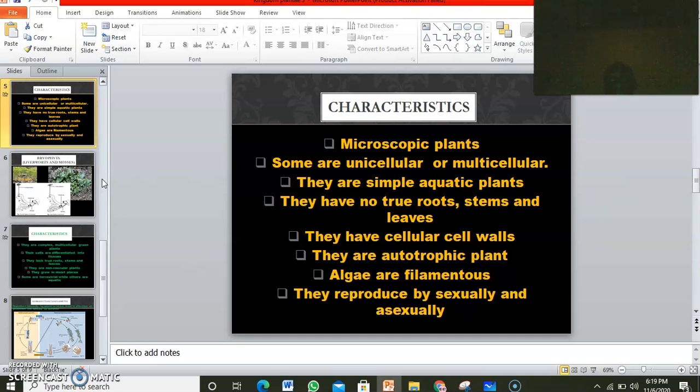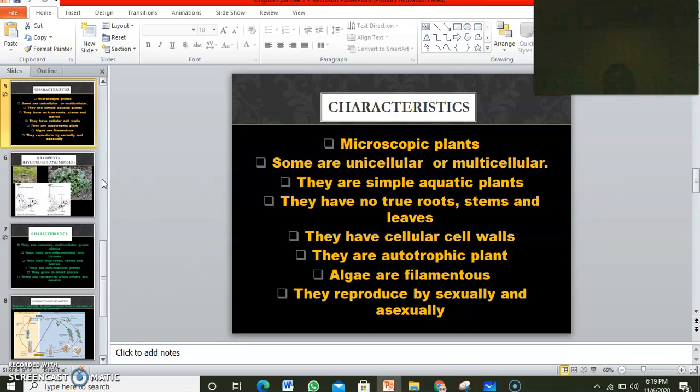And then there are also unicellular forms, which means they are made up of a single cell. They have an autotrophic mode of feeding. They make their own food by themselves like normal plants. They are algae. There are filamentous ones, which means they look like a thread, a filament or hair. A good example of this algae is Spirogyra, which looks like a thread.